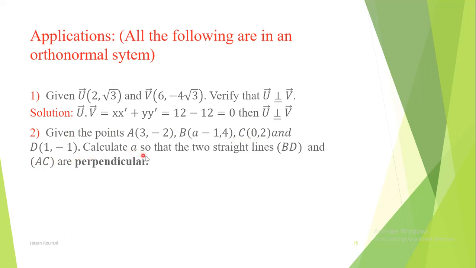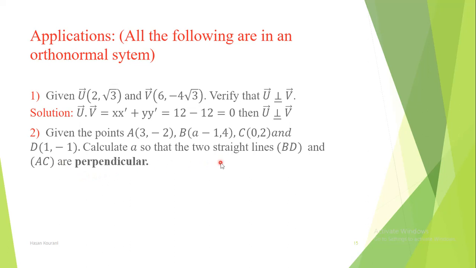We are asked to calculate this unknown a, so that the two straight lines BD and AC are perpendicular. Try to think about a way to find a. Try to use this given. As you see, we are given the lines BD and AC are perpendicular. What relation do we have if the straight lines are perpendicular?